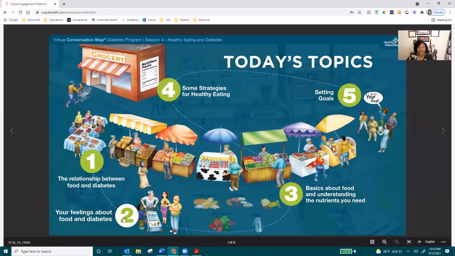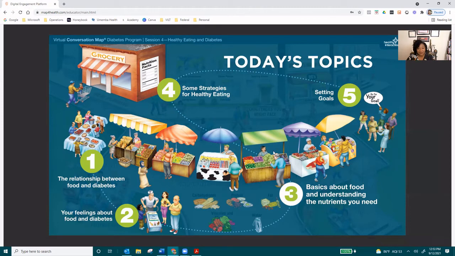We're talking about your feelings about food and diabetes. We're talking about the basics of food and understanding the nutrients that you need. We are just starting to introduce you to some initial strategies for healthy eating, but we'll talk about more of those in a later session. And then, of course, you're going to use the Map for Health app to set goals for the following week.